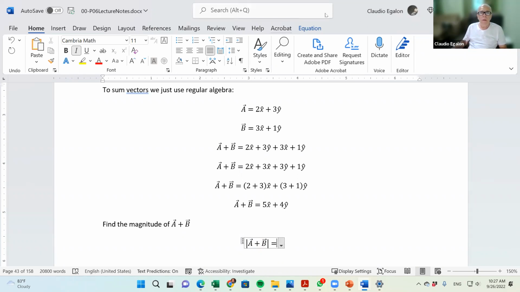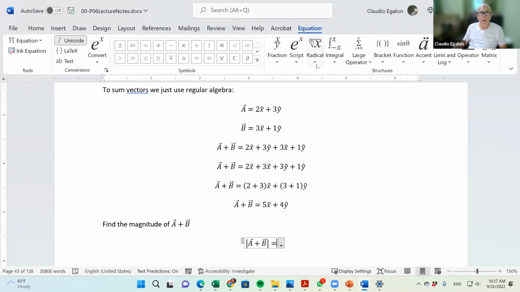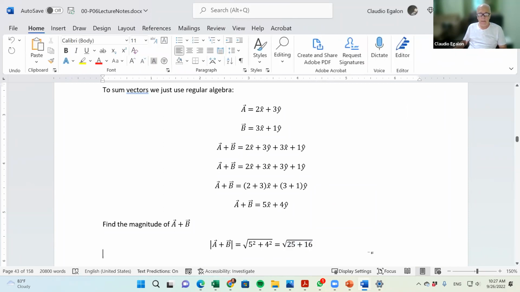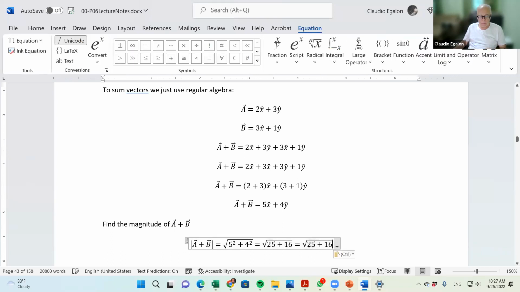Square root of 5 squared plus 4 squared, which is 25 plus 16. Okay, which is 41, right? Square root of 41. That's the magnitude.